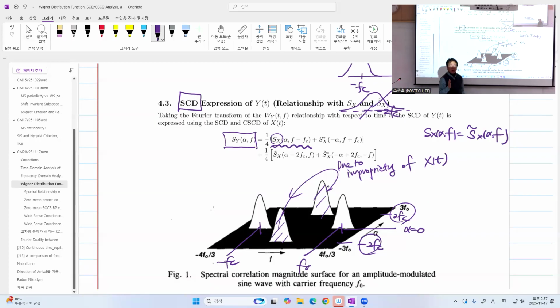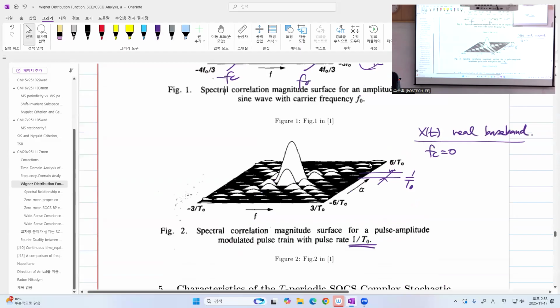Especially the improper complex cyclostationary random process has a set of candidates of Fc. They have special conjugate symmetry, and that cannot be arbitrarily chosen. So in this case of real baseband case, you can see that at alpha equals 0, no two kinds of symmetrical spectrum, which means that it seems that f sub c is 0 here.